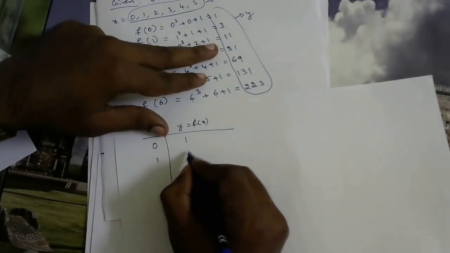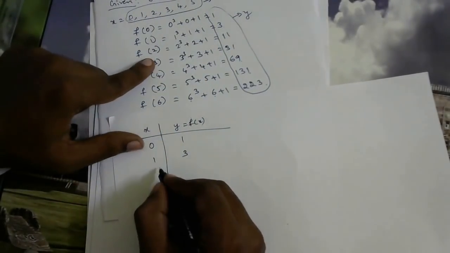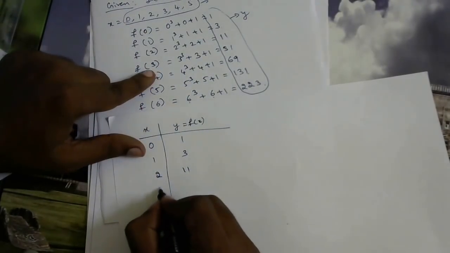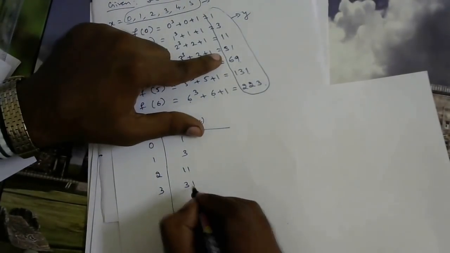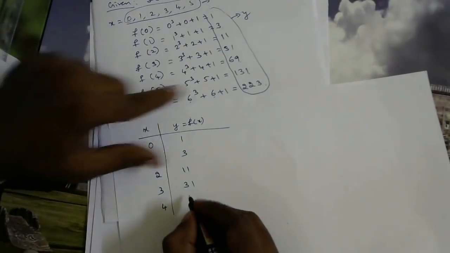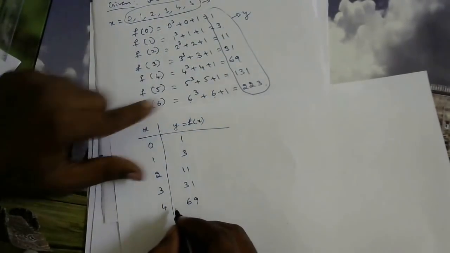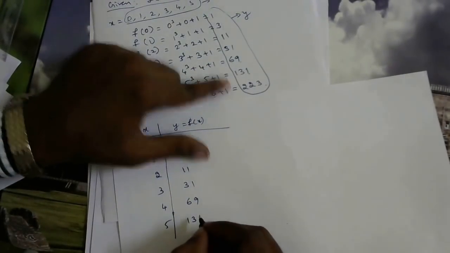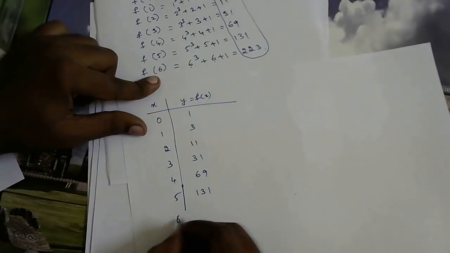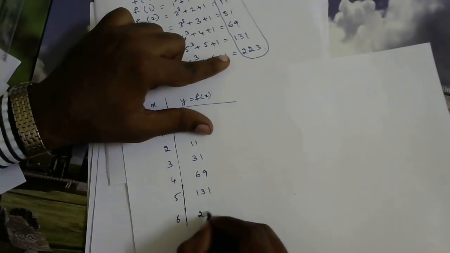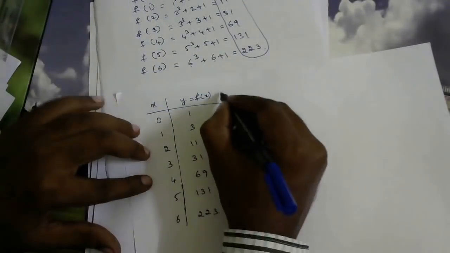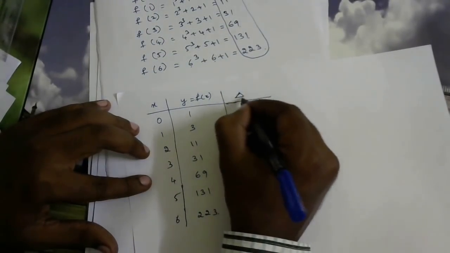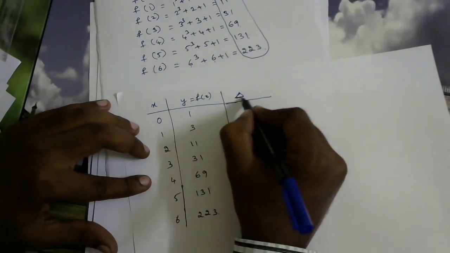For 1 it is 3, for 2 it is 11, for 3 it is 31, for 4 it is 69, for 5 it is 131, for 6 it is 223.